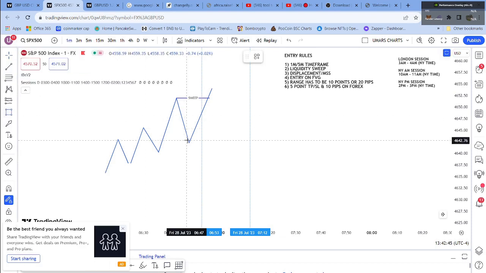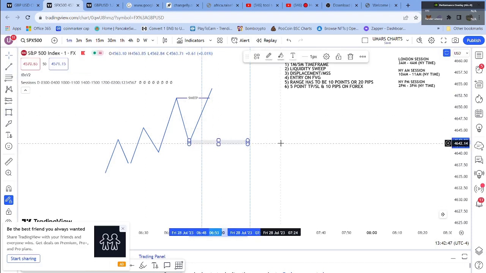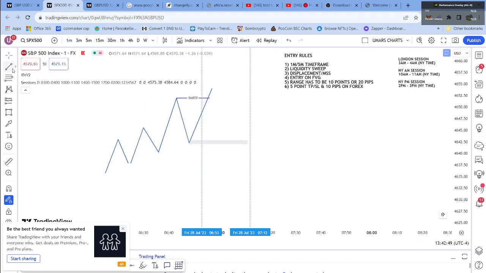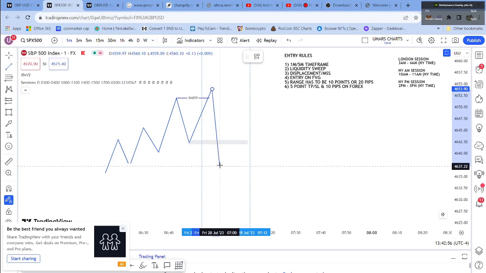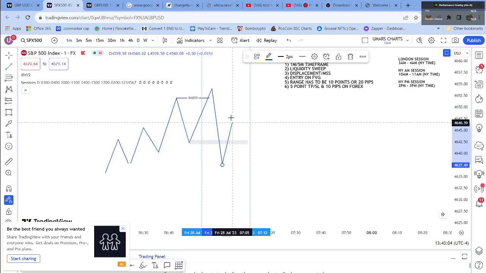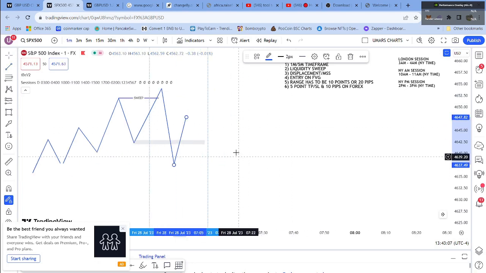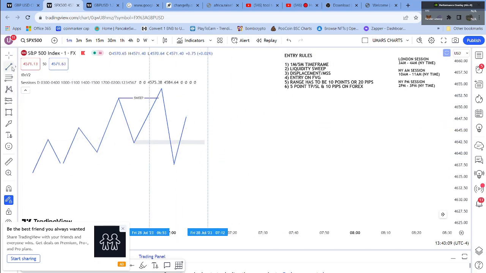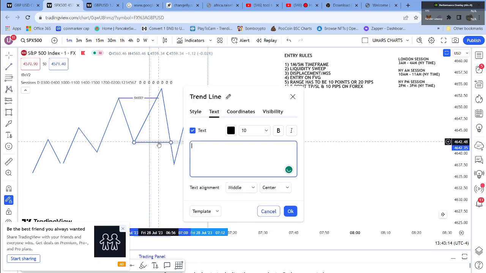So basically this would be the next liquidity point, or the next low, which we would then be waiting for market structure to create the displacement, and after creating the displacement we would then be looking for a return to a fair value gap, which is where we're going to be taking our entry point. Let me just mark this out for you all. This would be market structure shift.